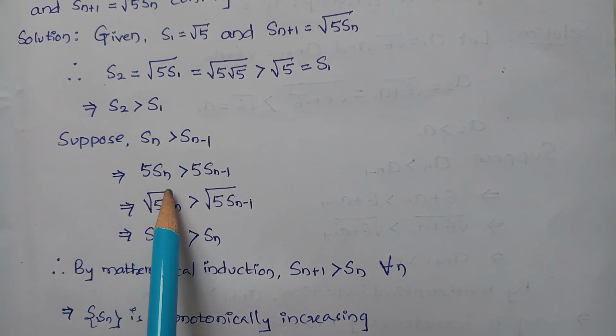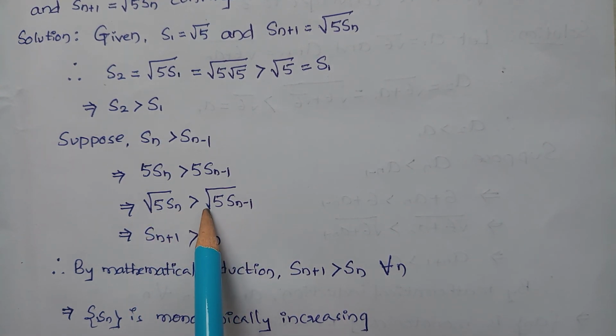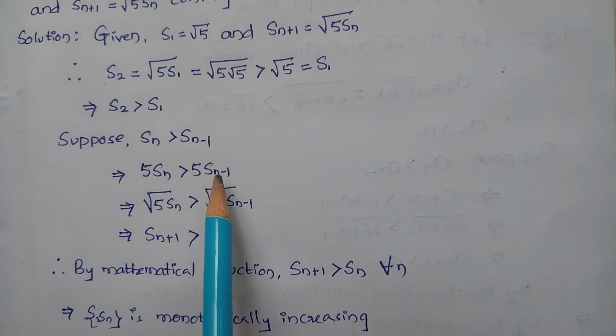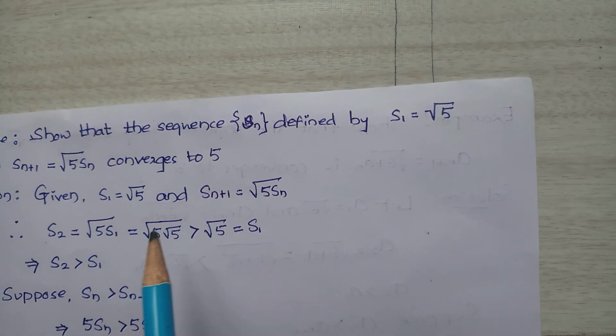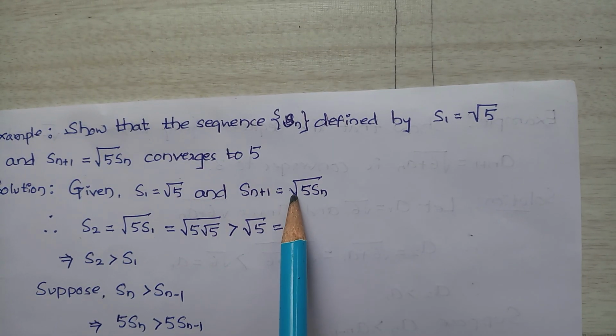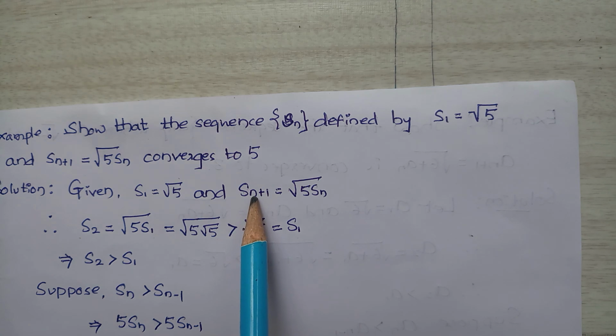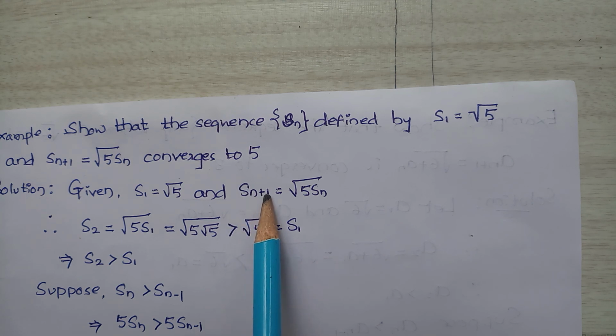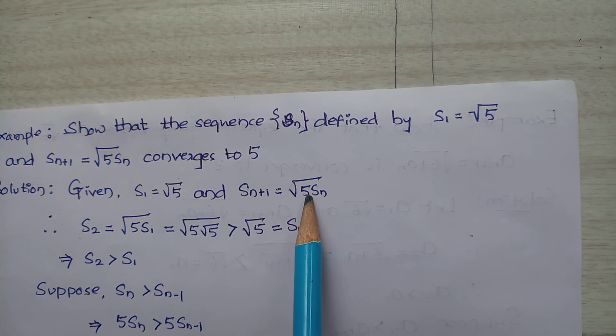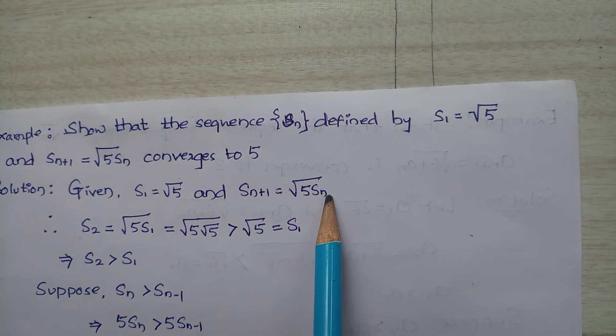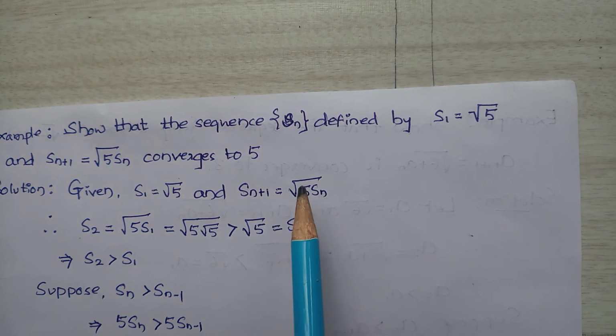Already given, Sn plus 1 is root of phi Sn. If I put n equal to n minus 1, then it becomes n minus 1 plus 1, that is Sn, so root of phi into Sn minus 1.